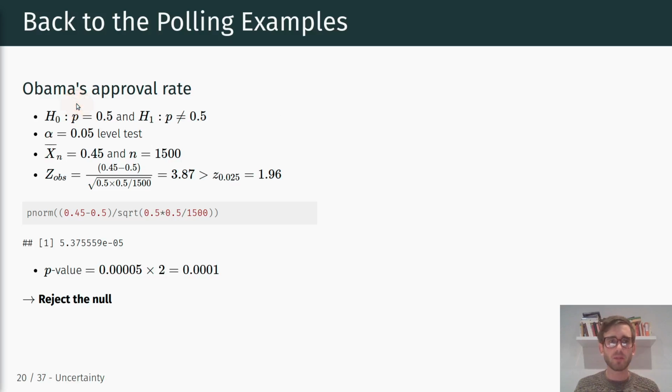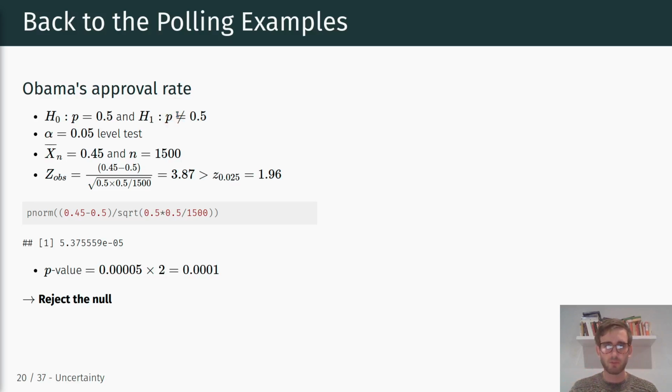We talked about Obama's approval rate in this context. Now I'm not sure whether this was in the context of the 2012 election or the 2008 re-election. But essentially, our null hypothesis here is, of course, that the approval rate is just 0.5 or 50% approval.